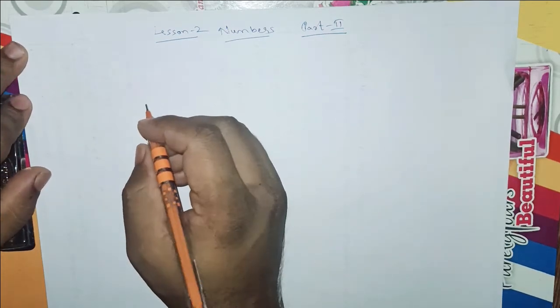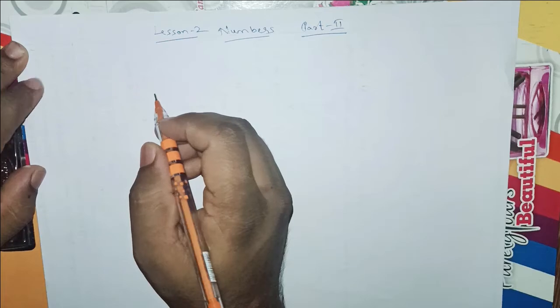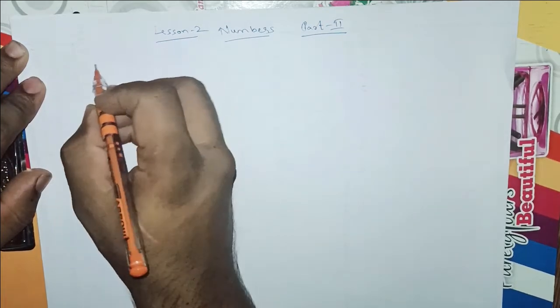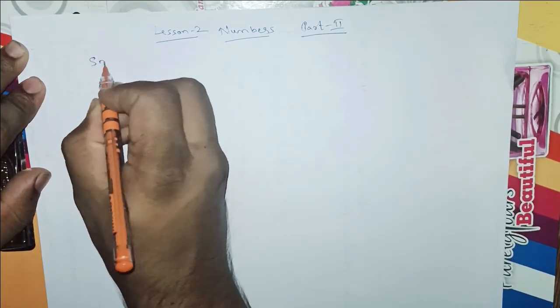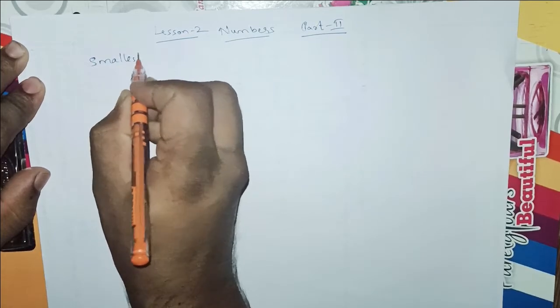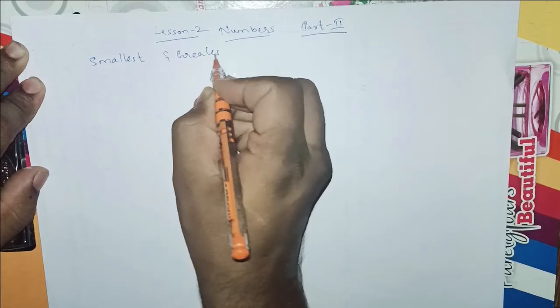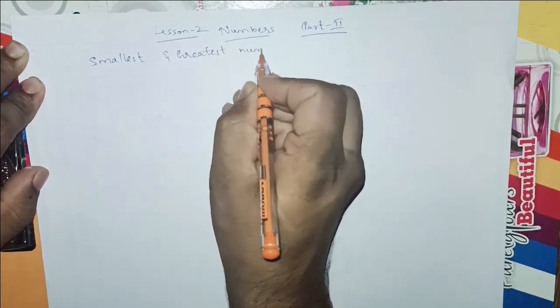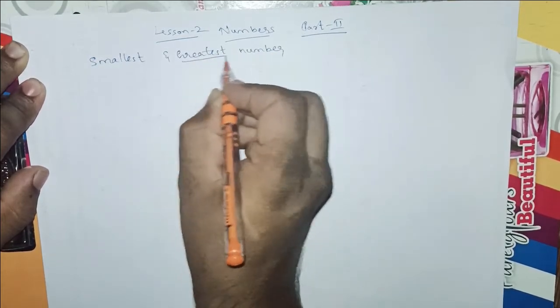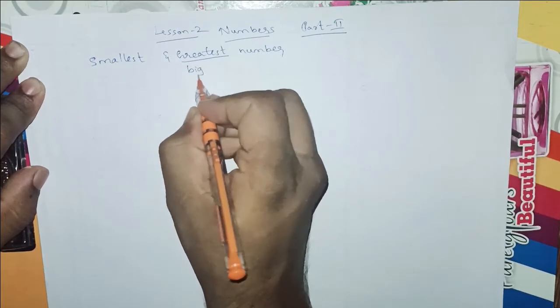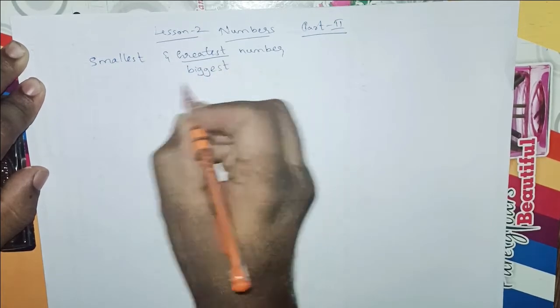So today we will start with the first concept, that is smallest and greatest number. Greatest is sometimes also called biggest.